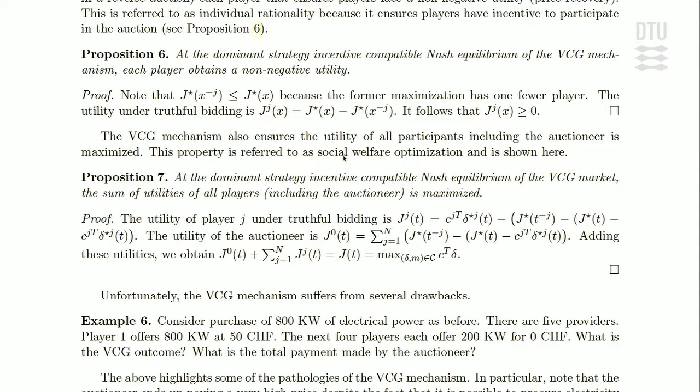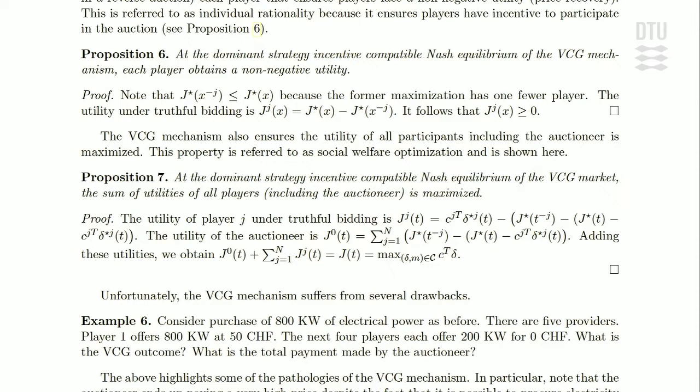There's an issue Jalal mentioned yesterday, price recovery. You can show that by using the VCG, each player also experiences non-negative utility, so there's price recovery. So we're happy about that. At this Nash Equilibrium, truthful bidding. And then the other thing is that this is dominant strategy incentive compatible; I need to define dominant strategy for you in a sec.